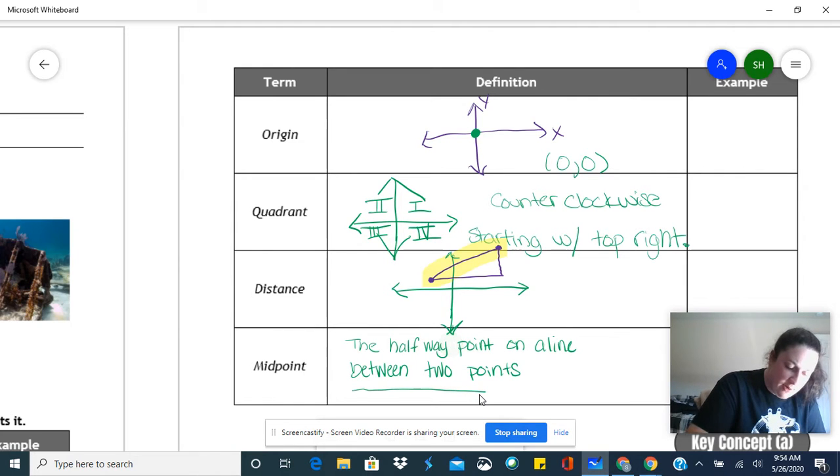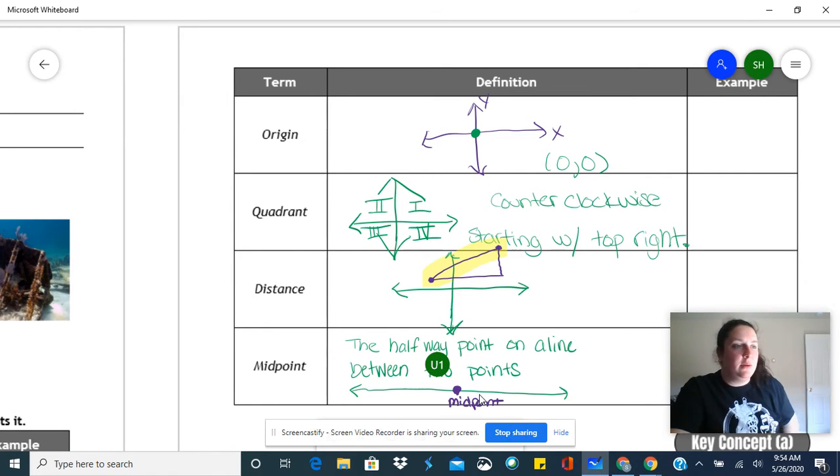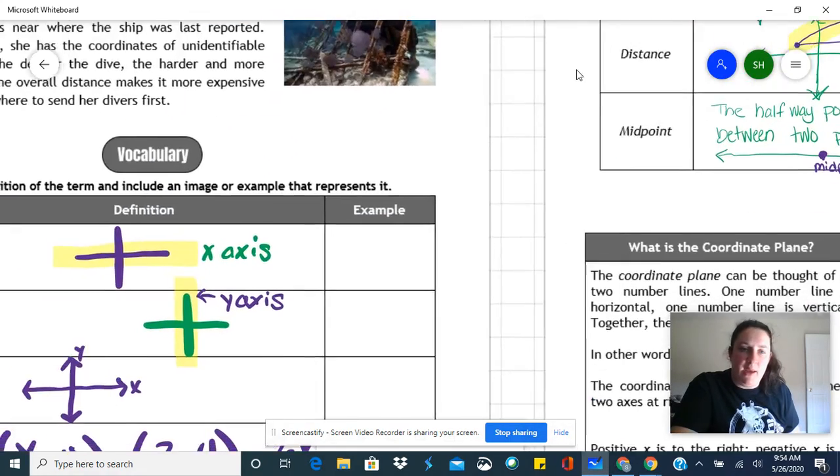So if I have this line right here, and obviously here I'm guesstimating, this would be approximately my midpoint, okay? Okay, on to the next page.